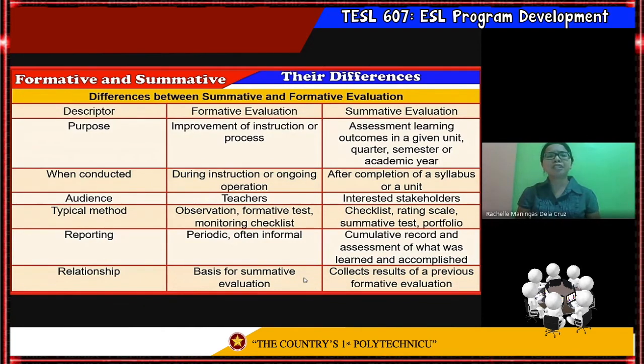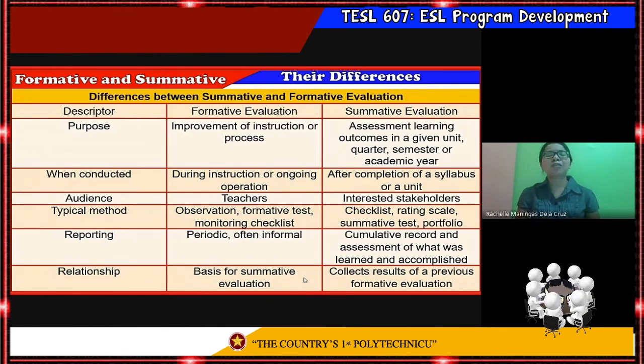The typical methods for formative evaluation are observation, formative test, monitoring checklist, while summative evaluation uses checklist, rating scale, summative test, portfolio. And then the reporting of formative is periodic, usually informal. And then the summative is a cumulative record and assessment of what was learned and accomplished.